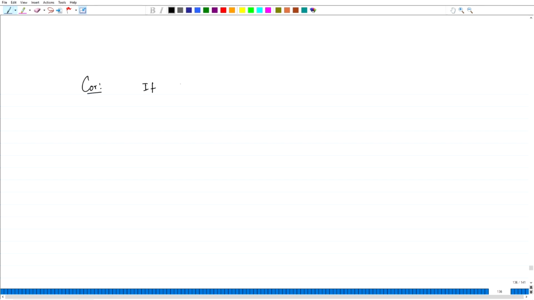If Rf is equal to Rg, then f is equal to g. The proof is the same, because the Fourier transform of Rf at xi comma gamma is equal to that of Rg at xi comma gamma.